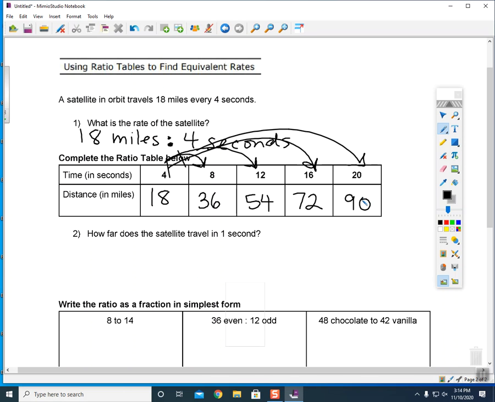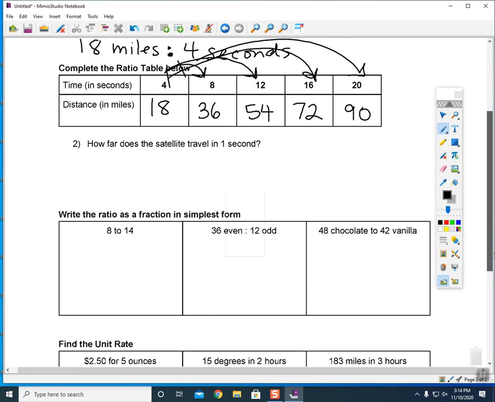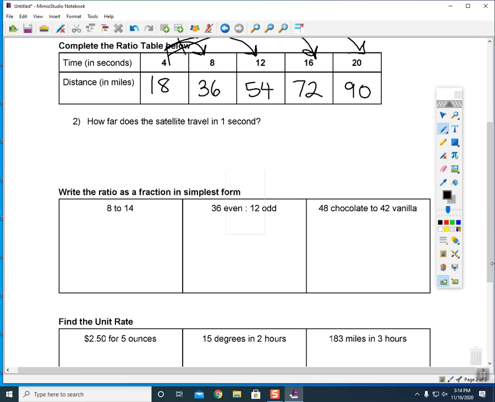Okay, so I filled in my rate table. Now I'm wondering, well, how far does the satellite travel then in 1 second? So let's think about that, right? I said that when we're talking about a unit rate, I want a 1 in the denominator. So I know that I'm going 18 miles per 4 seconds, right?